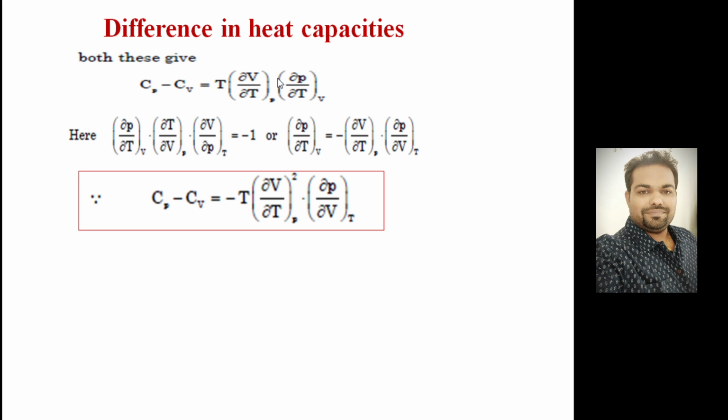If you substitute this complete thing here, you can write Cp minus Cv is equal to minus T, and dou V by dou T will become squared, into dou P by dou V at T. So this is the final equation.